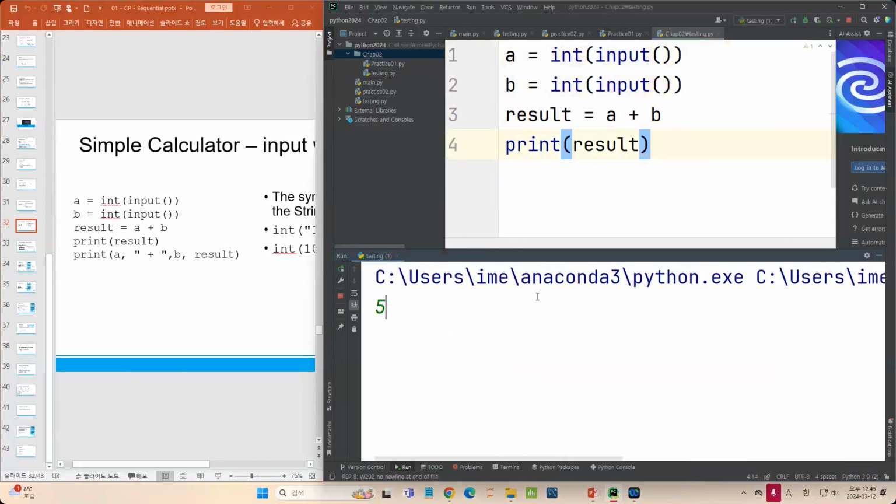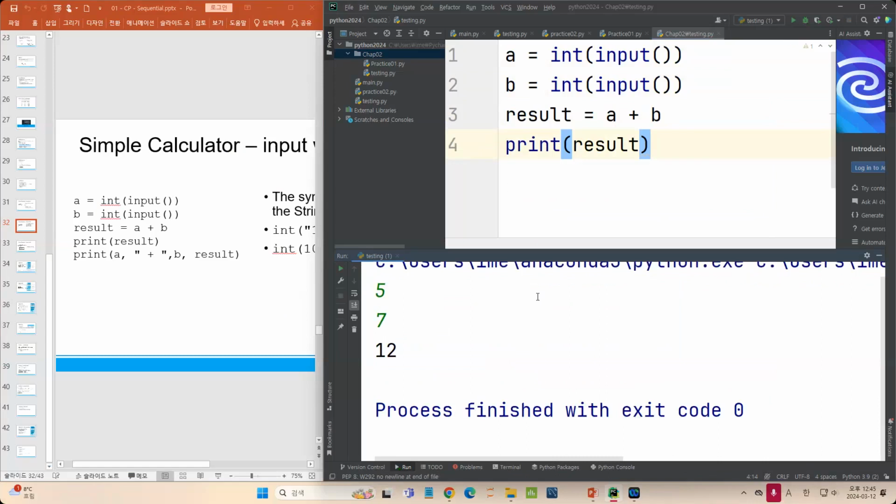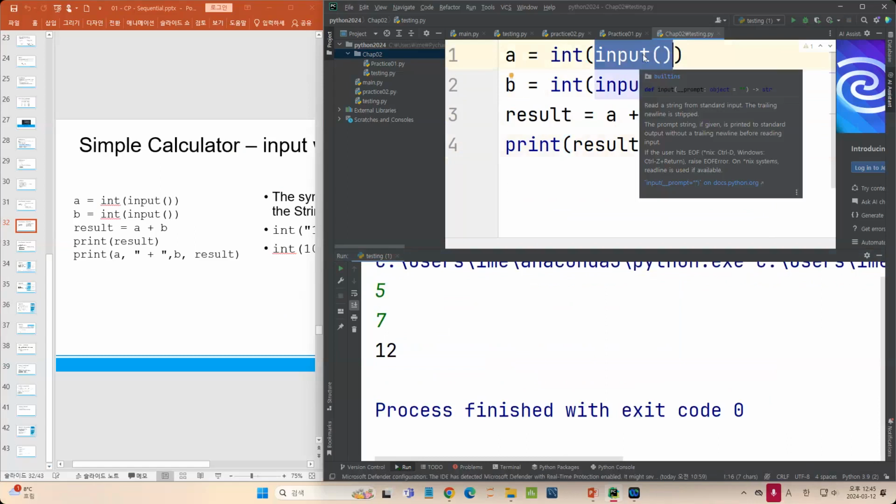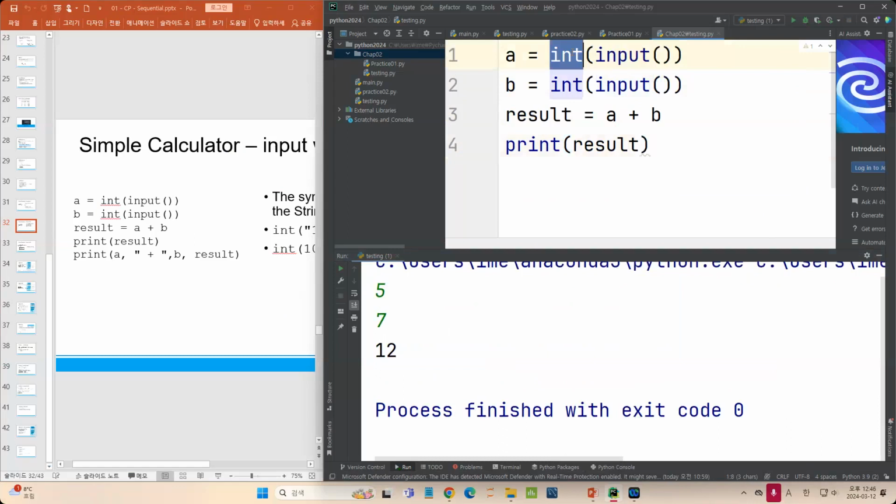I need to input 5, enter, and another 7, enter, then the result is 12. It means any input which is a string will be changed into integer. And I have the integer value, and the result will be the mathematical operation 5 plus 7.